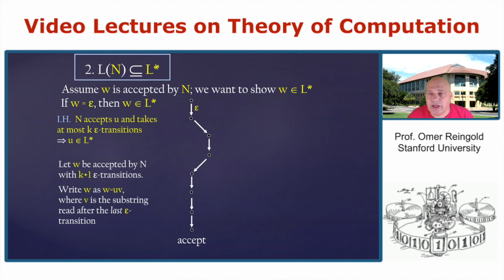We're accepting w with k plus 1 epsilon transitions. We're going to divide it into the concatenation of two strings, u and v, where v is the substring that we read after the last epsilon transition. So let's say that this is the last epsilon transition. In the path to this epsilon transition, we read u, and in the path after, we read v, and we reach an accept state.